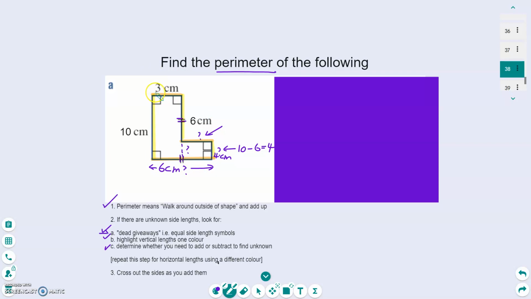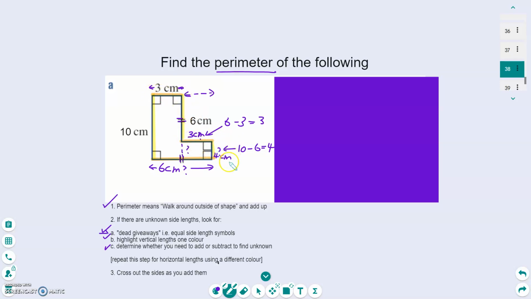And this other horizontal length is 3 centimeters. So what's this remaining part going to be? This remaining part, we're going to have to subtract. So start with the bigger number, 6 take 3 is 3. And I'm just going to label it right on that side so I don't get confused when adding them up.